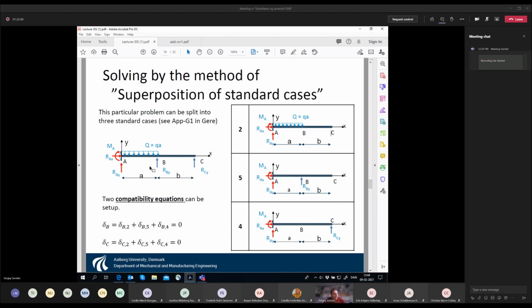So first, we take only the loading case due to this distributed force, capital Q. And this is the picture. And for some reasons, it's called number 2.